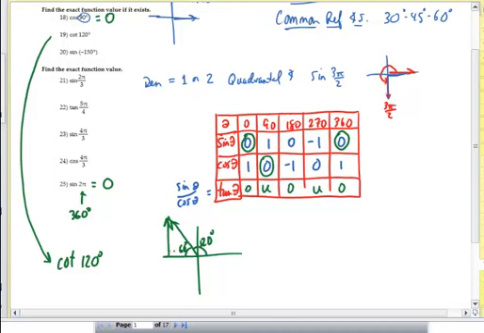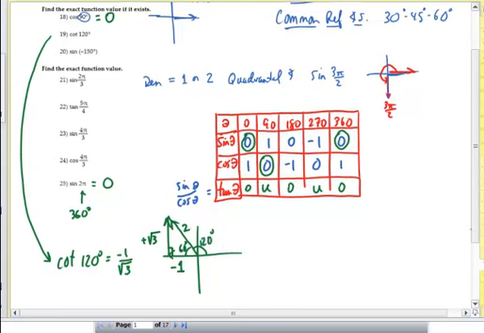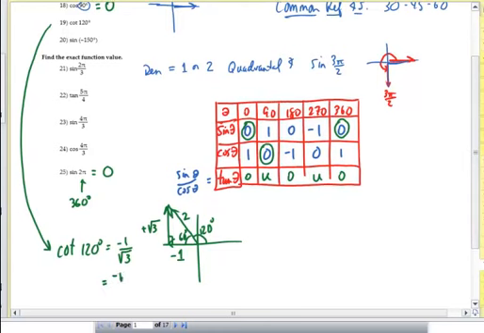And now you have to draw in the sides of this 30, 60, 90 triangle. For instance, we have a side of -1 here, a side of √3 going up, and a side of 2. So the cotangent would be the adjacent over the opposite, -1 over √3, and you would rationalize that to give you -√3 over 3.